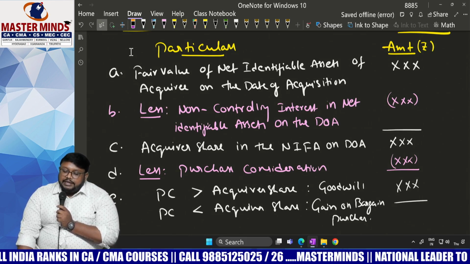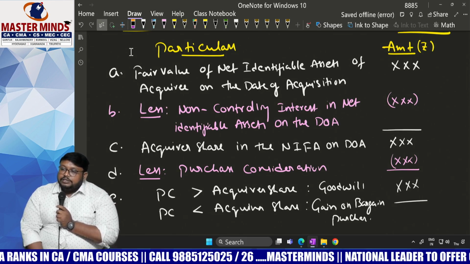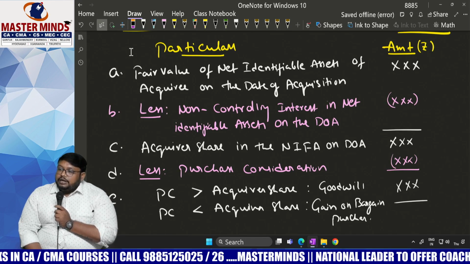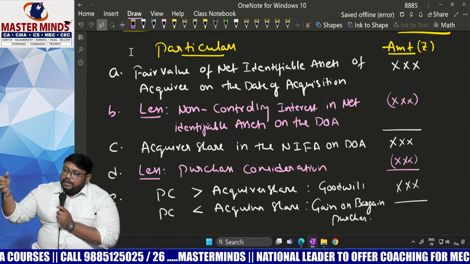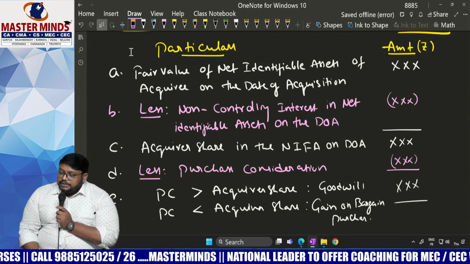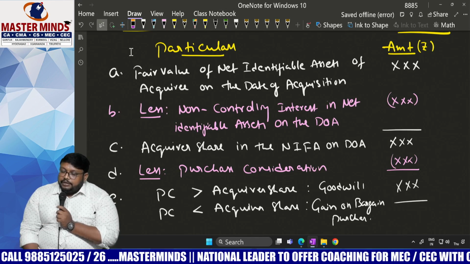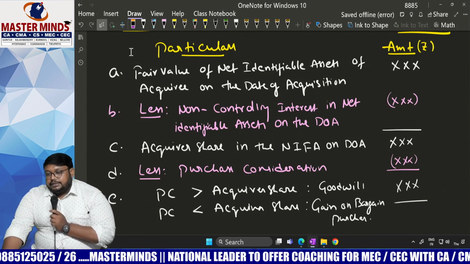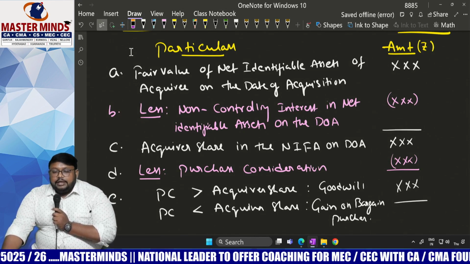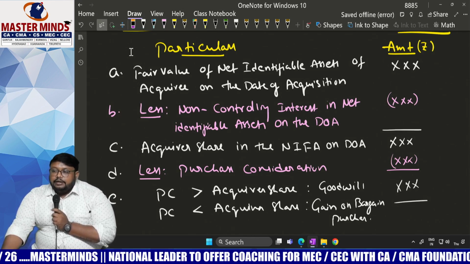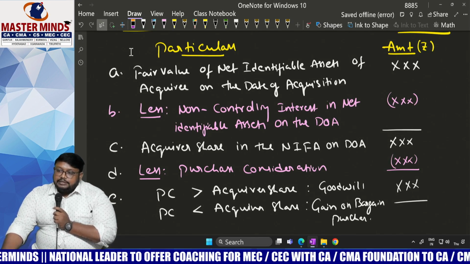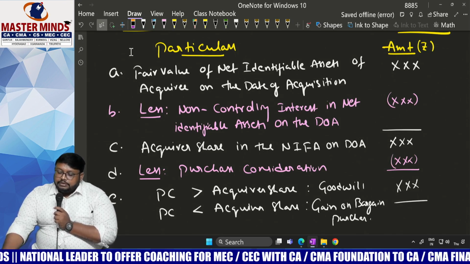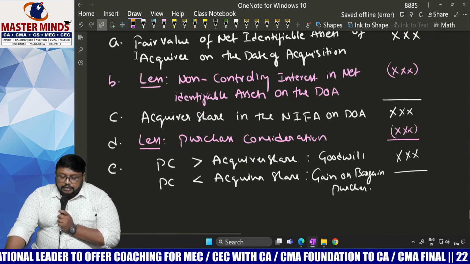Then the balance amount, whatever you are getting, whose share is that? Parent share or acquirer's share in the net assets on the date of acquisition. For that we have to compare with purchase consideration. If purchase consideration is more than the acquirer share, that means extra he is paying for goodwill. If purchase consideration is less than the acquirer share, then it will be a gain on bargain purchase.